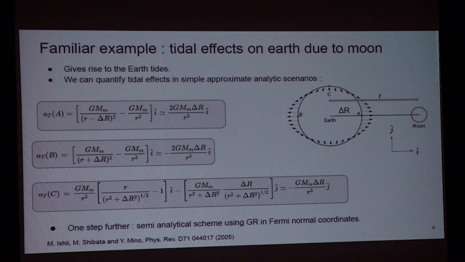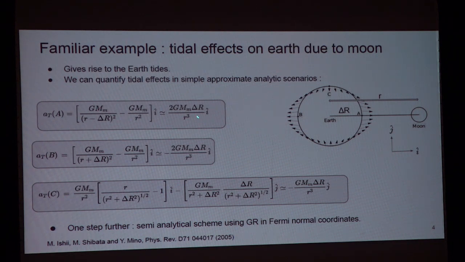So if you compute the acceleration at A, essentially it is like GM by (r minus delta r) squared, where this delta r is the radius of the Earth. I've called it delta r because it's very small compared to the center of mass distance between the Earth and the Moon.